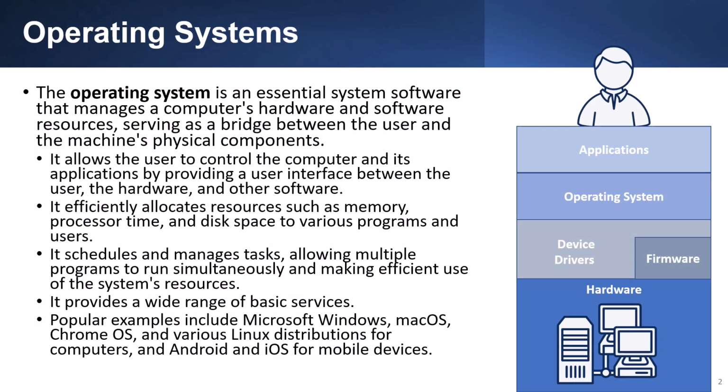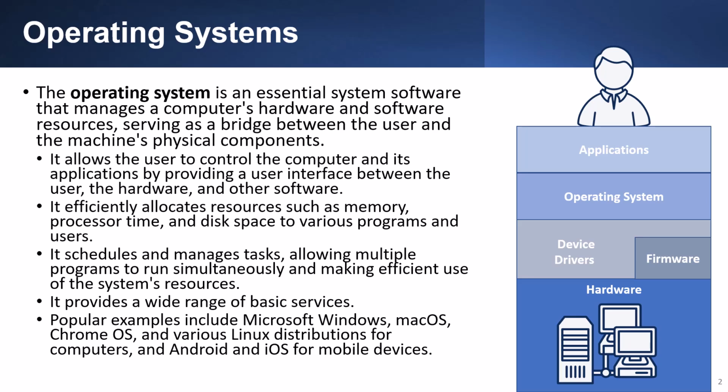The operating system is an essential system software that manages the computer's hardware and software resources, serving as a bridge between the user and the machine's physical components. It allows the user to control the computer and its applications by providing a user interface between the user, the hardware, and other software. It efficiently allocates resources such as memory, processor time, and disk space to various programs and users.